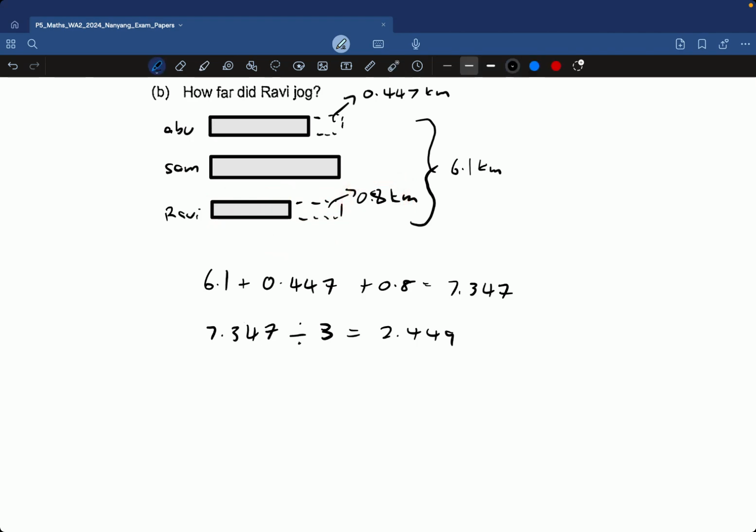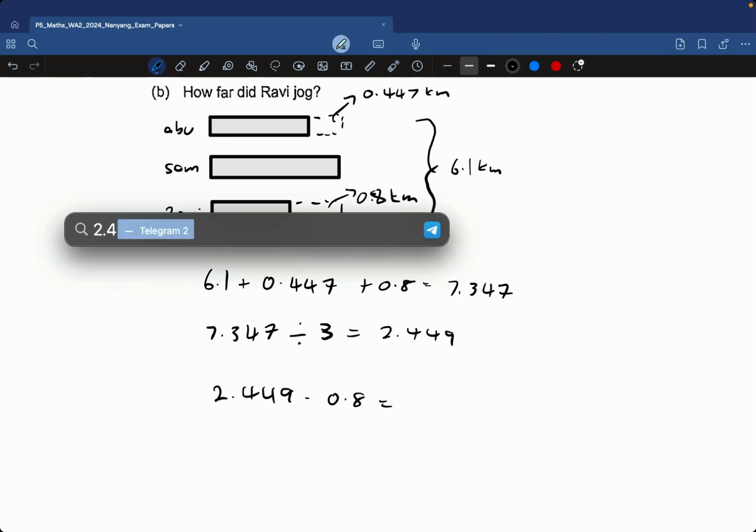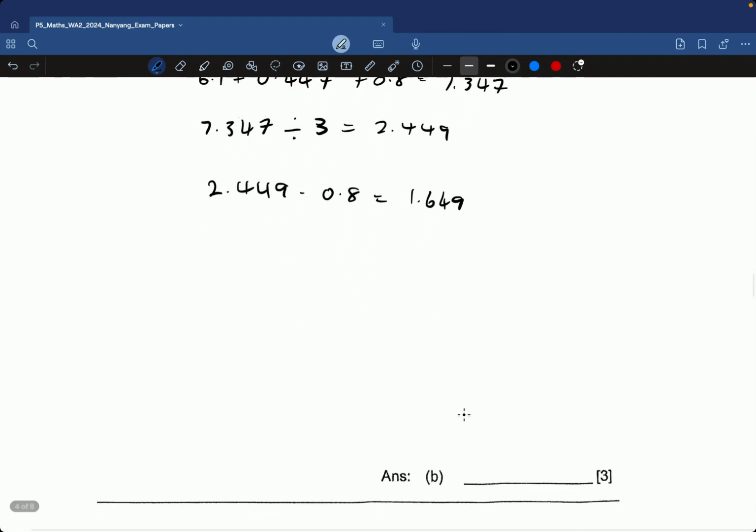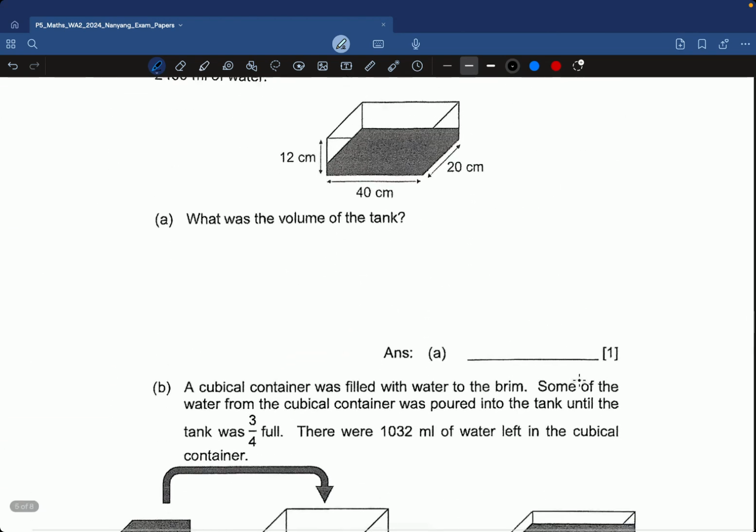So in this case, 2.449 minus 0.8, then this will be 1.649. Okay, so the answer is 1.649 kilometers. All right, that's it for question 4.